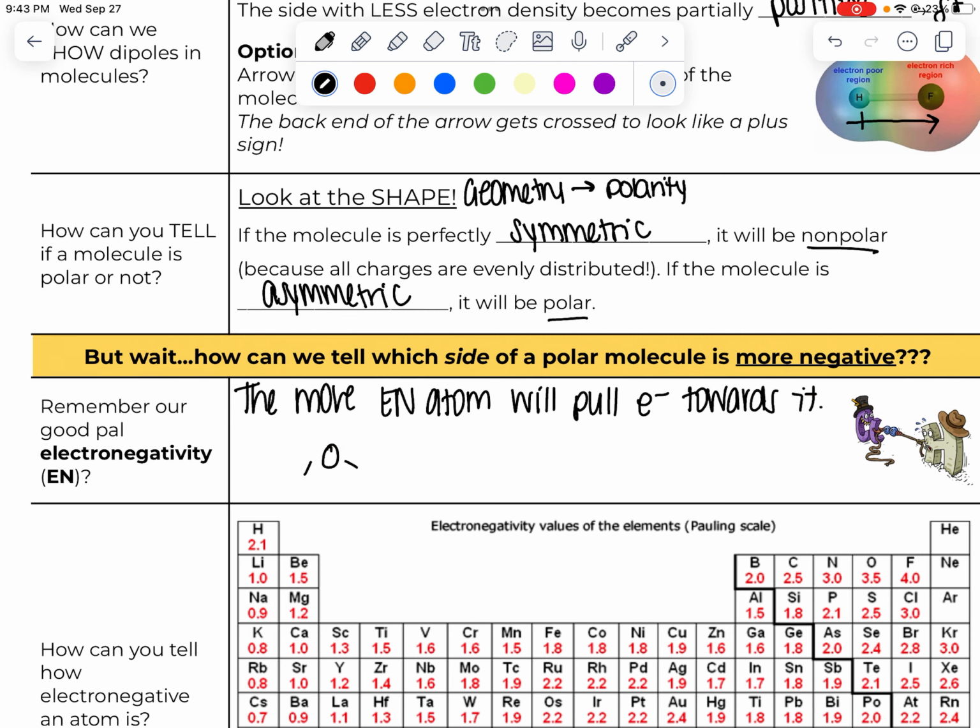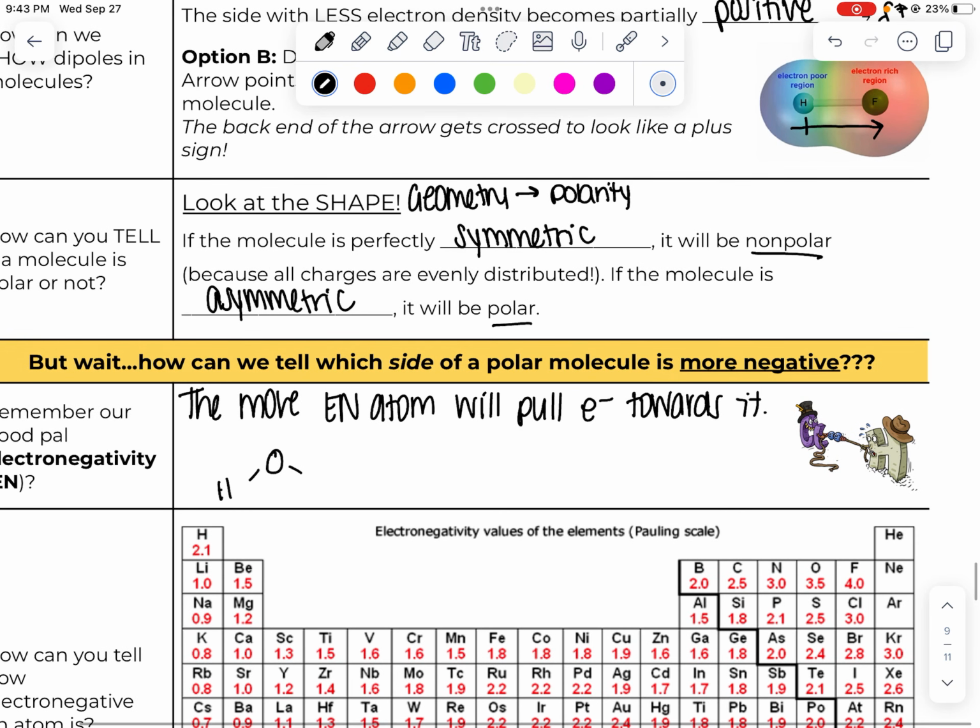If I drew the Lewis structure for water out just like this, one thing you'll notice is that water has these lone pairs that are sitting above it. And if you can quickly start remembering your molecular geometry, this is a molecule that has two atoms attached to the central, two lone pairs, which means this thing is bent.